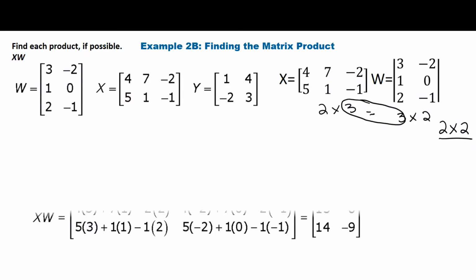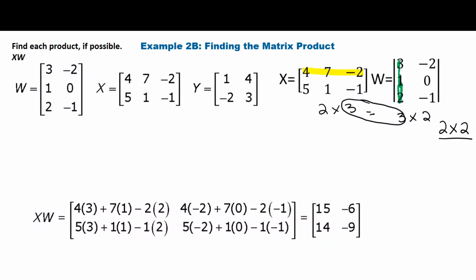All right, so let's just take a look at how we would do that. First of all, our first matrix is always going to deal with the rows. And our second matrix is always going to deal with the columns. All right, so let's just highlight our first row here. And let's highlight our first column here.